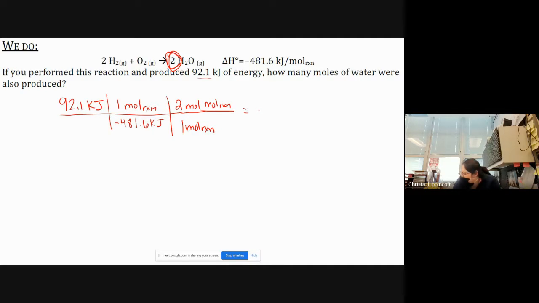So when we go through that then, you should end up with 0.0382, and that's going to be moles of water. Would that be negative? Yeah, you kind of have to ignore the negative there because you're trying to figure out how much water is produced. So it's not going to be a negative amount because you're actually going to be producing that amount.